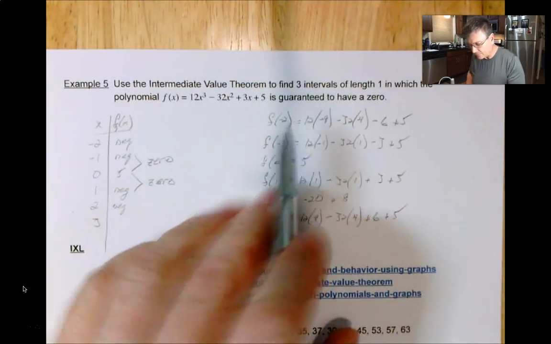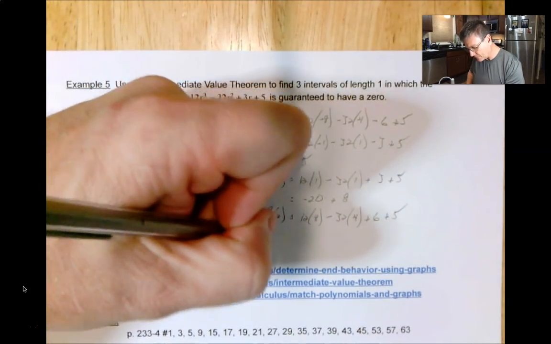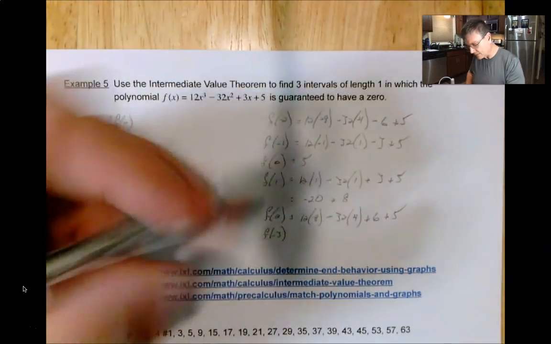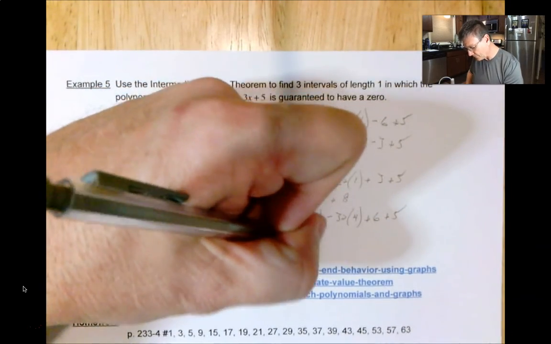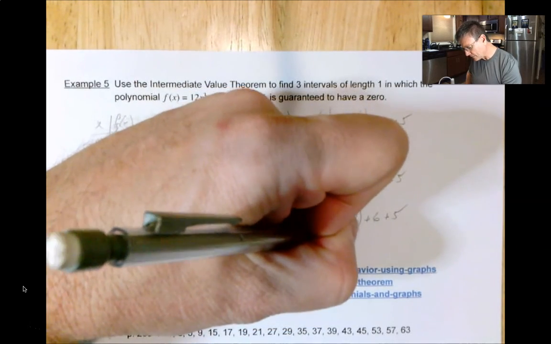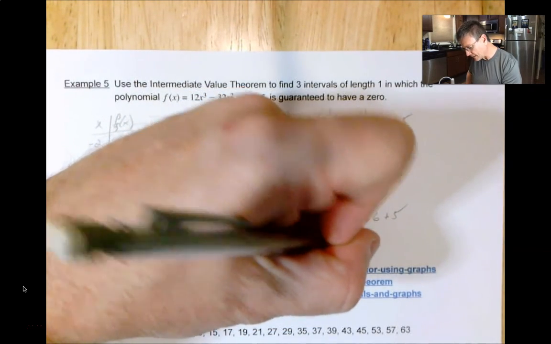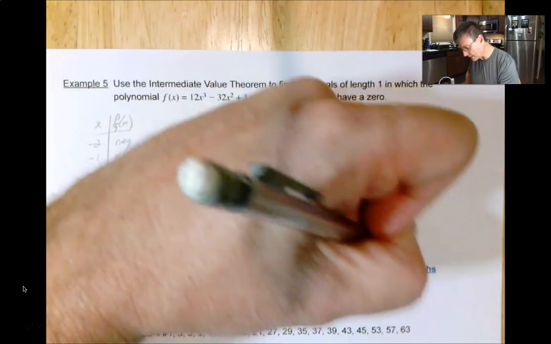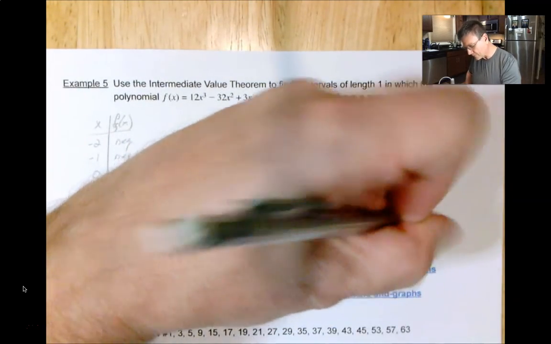If I try -3, f of -3, we're going to get 12 times -27 minus 32 times 9 minus 9 plus 5.